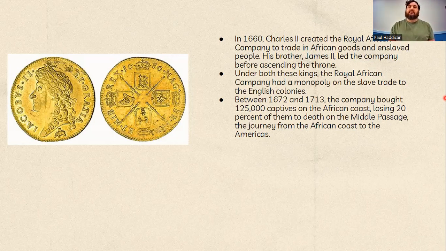Between the years 1672 and 1713, the Royal African Company is going to bring about 125,000 captive Africans from the African coast and lose, they're going to lose 20% of them to death in the Middle Passage. We're looking at the Middle Passage in a second, but basically on transferring them from Africa to England, 20% of that 125,000 are going to die. Now, that comes with a caveat that we only know the numbers that they report.